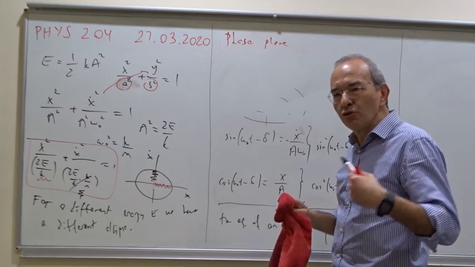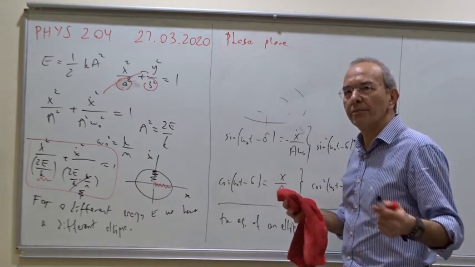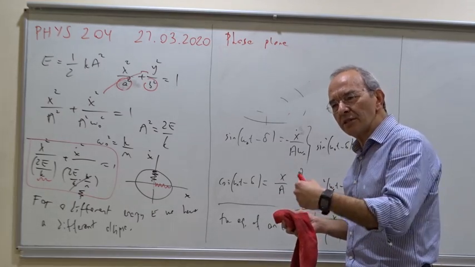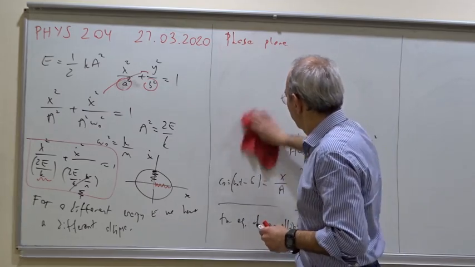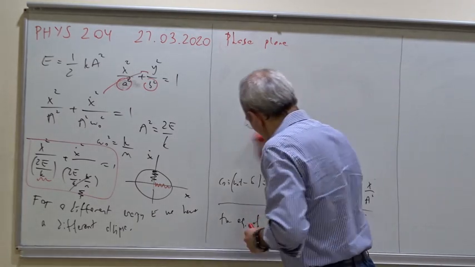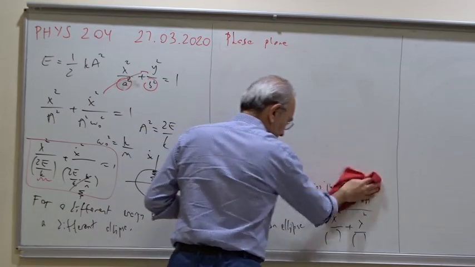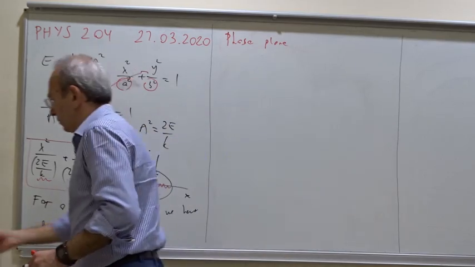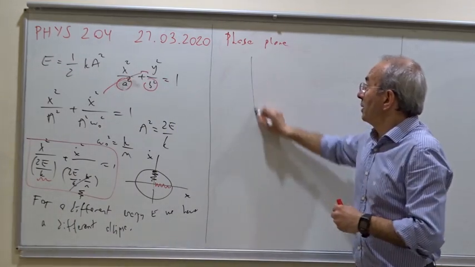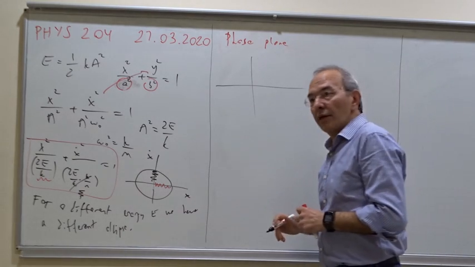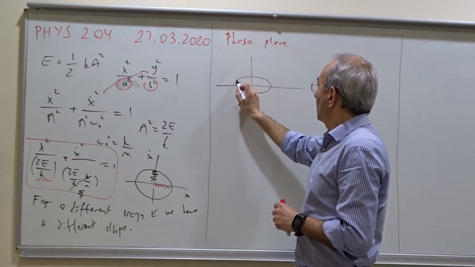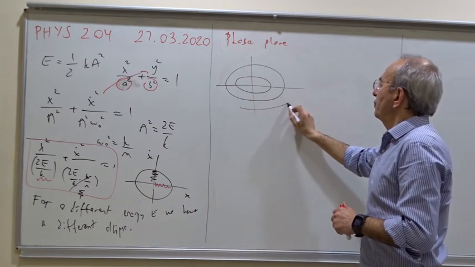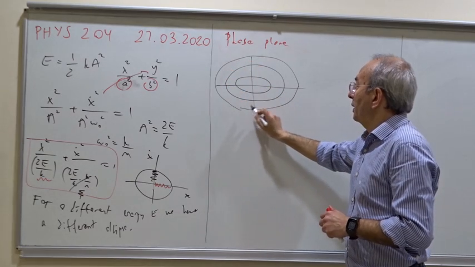For some systems that lose energy continuously through some dissipative forces, then we don't have closed ellipses, but we have some spiraling down motions. For example, let's draw some ellipses.